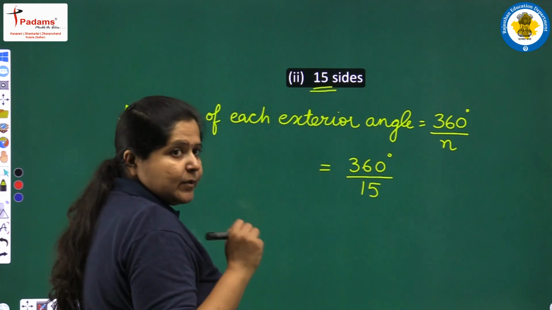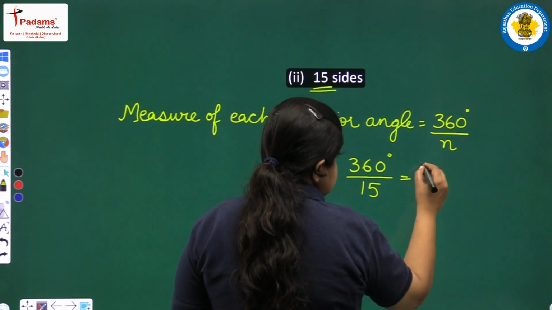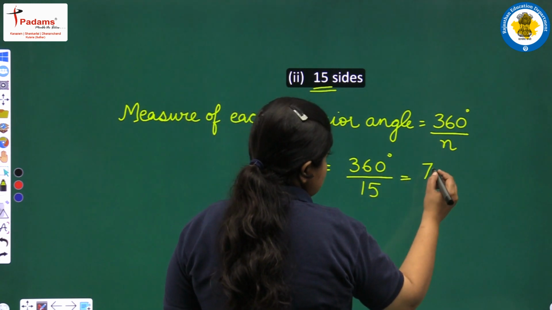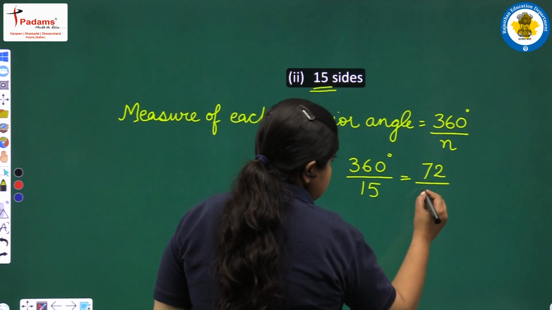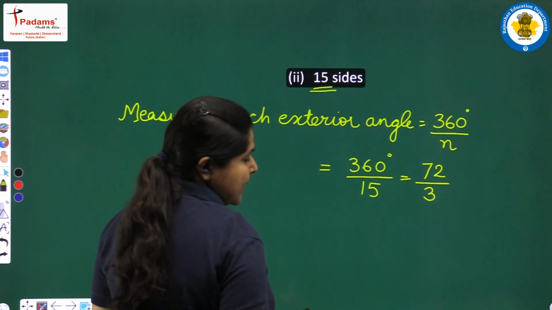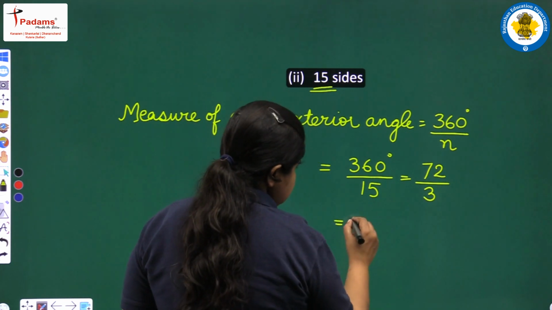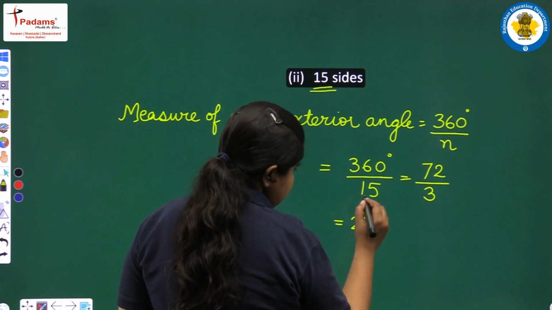They both are divisible by 5. Let us cut by the 5. 5 sevens are 35. 1 will be left. 1 and 0, 10. 5 twos are 10. Then 5 threes are 15. Divide both these numbers, you will get 3 twos are 6. 1 and 2, 3. 4s are 12.